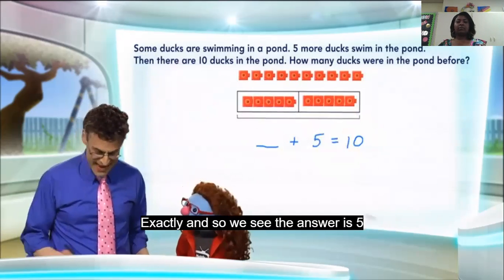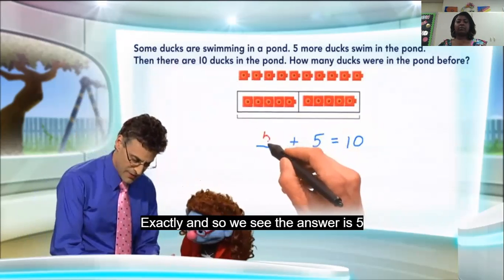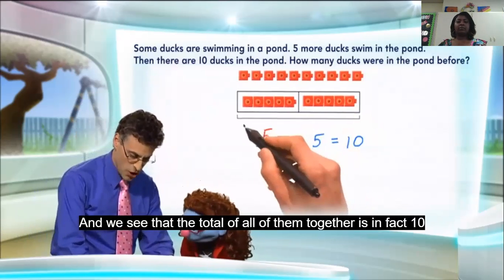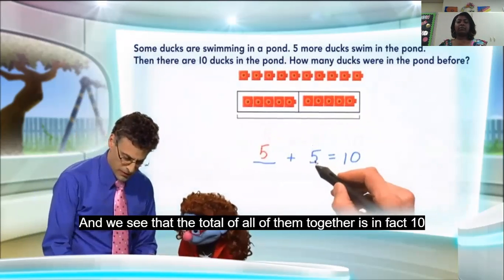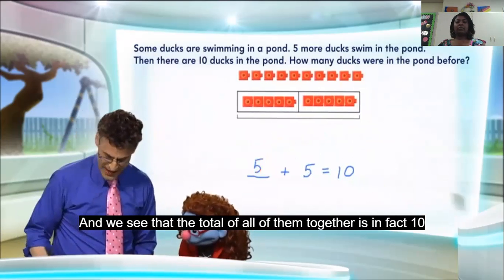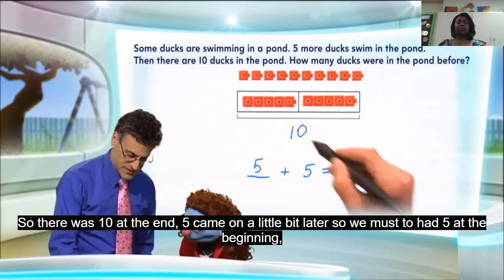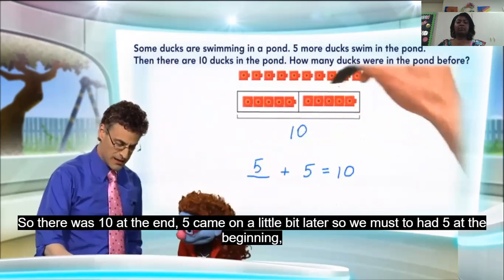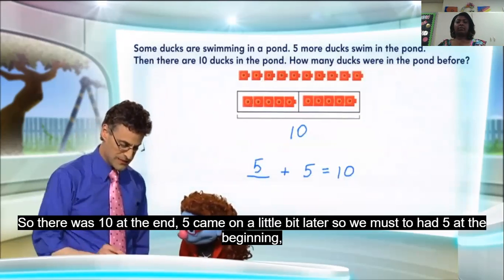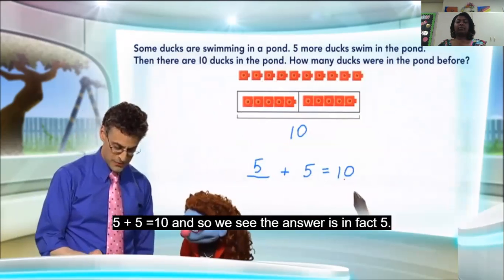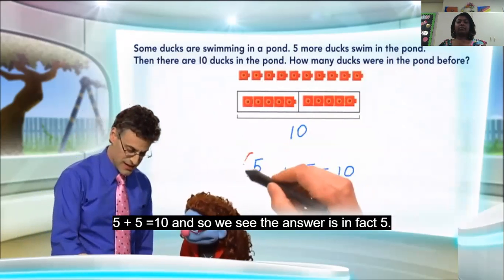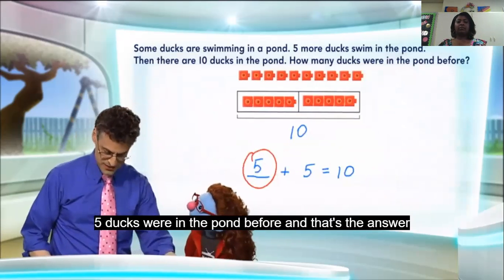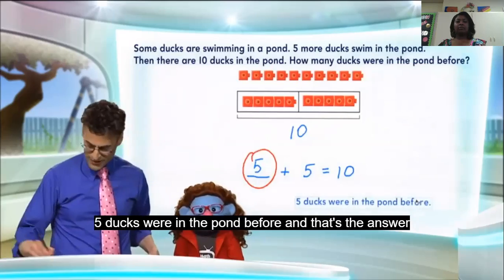Exactly. And so we see the answer is 5, and we see that the total of all of them together is in fact 10. So there was 10 at the end, 5 came on a little bit later, so we must have had 5 at the beginning. 5 plus 5 equals 10, and so we see the answer is in fact 5. 5 ducks were in the pond before, and that's the answer.